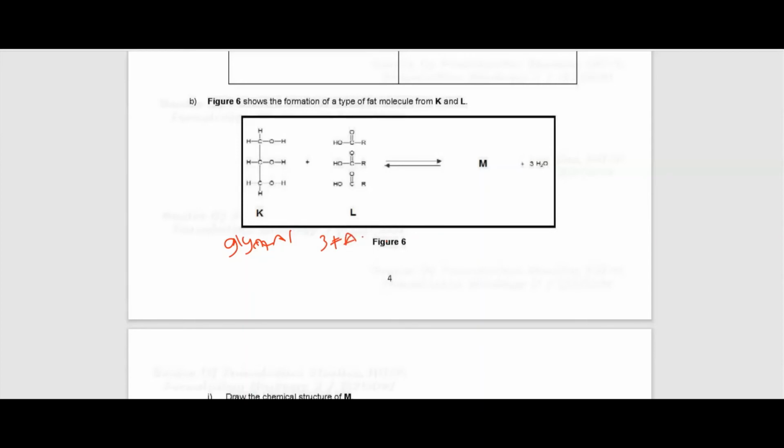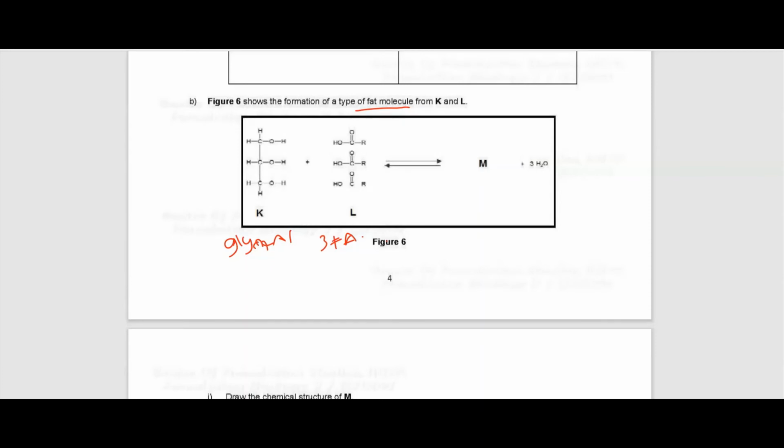In the process, the reaction that joins glycerol to 3 molecules of fatty acid is a dehydration reaction, or to be specific, because it involves the production of a fat molecule, the reaction is called esterification.